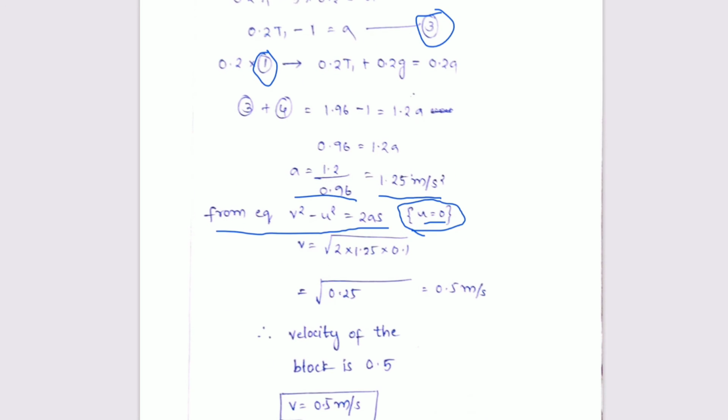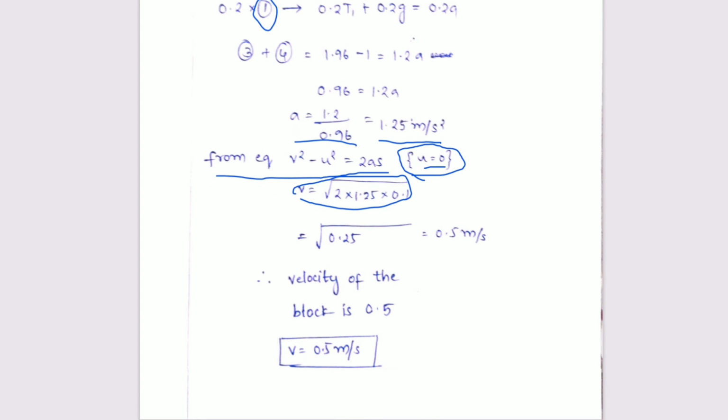Substituting, v equal to root of 2 into 0.8 into 0.1, so v equal to 0.4 meter per second. So the velocity of the block is 0.4 meters per second.